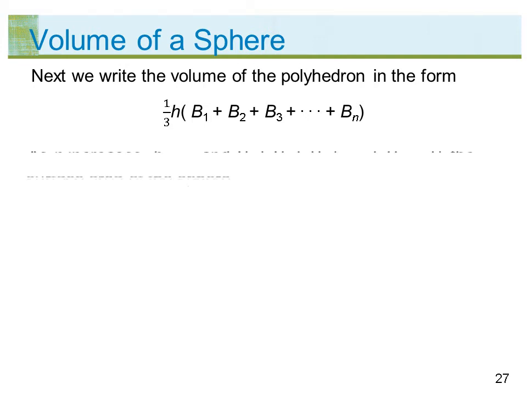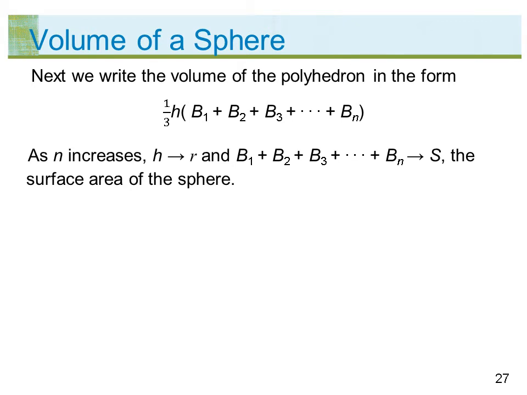plus b sub n. As n increases, h approaches r, and b sub 1 plus b sub 2 plus b sub 3 plus ... plus b sub n approaches capital S, the surface area of the sphere.